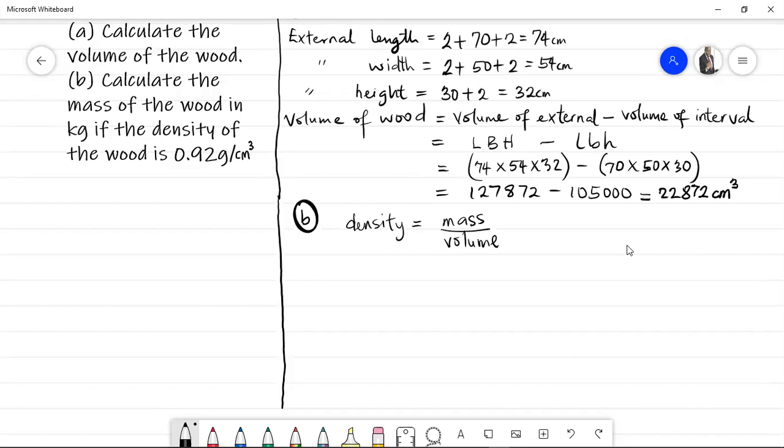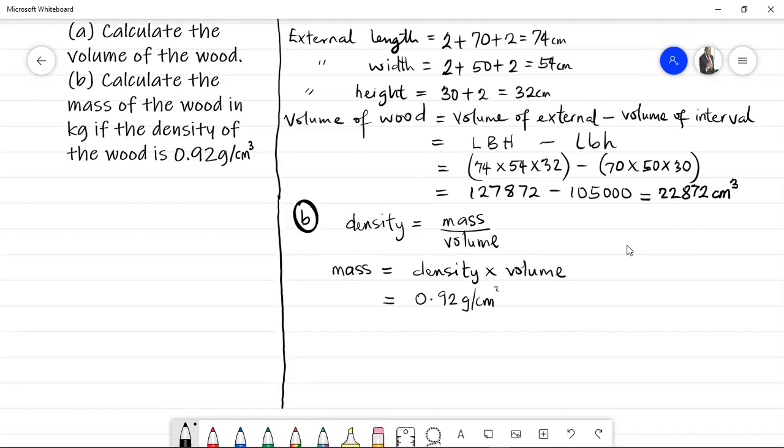So which means that if I'm to calculate mass, when I cross multiply this equation, mass will definitely be equal to density times volume. Density times volume. Okay. The density has been given to us in the question as 0.92 gram per centimeter cube.